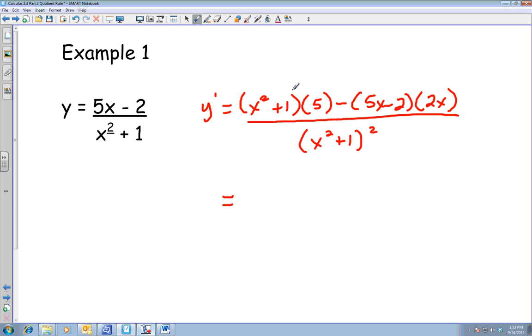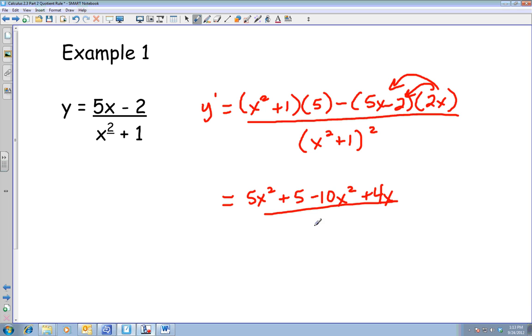So let's go ahead and fix the top though. I'm going to distribute my 5. So when I distribute the 5, I get 5x squared plus 5. Now I'm going to distribute this 2x and that negative at the same time. So I have 2x times a negative 5x, that's negative 10x squared. 2x times a negative 2, but then I'm also distributing that negative, so that's going to make it a positive 4x.